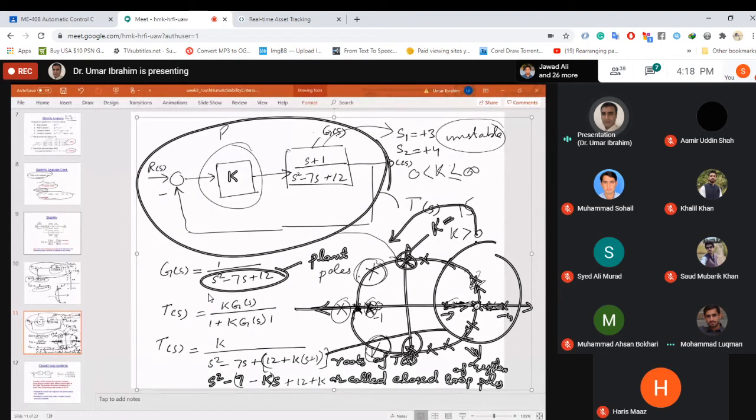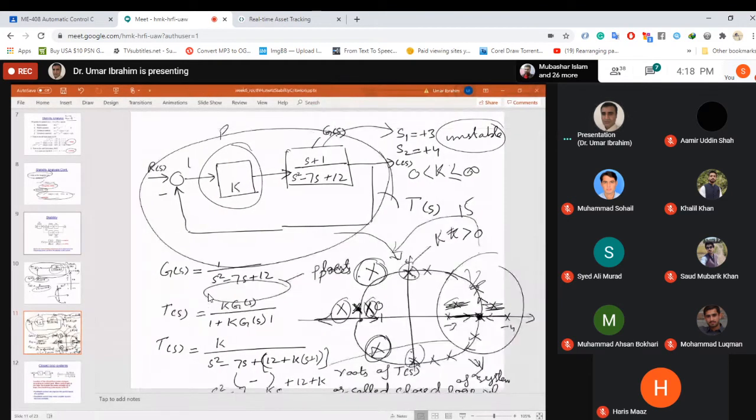K represents the proportional gain. Whatever value of error comes here, this is E of S. The signal here is E of S. K multiplies it with some constant value. For example, K is equal to 10.